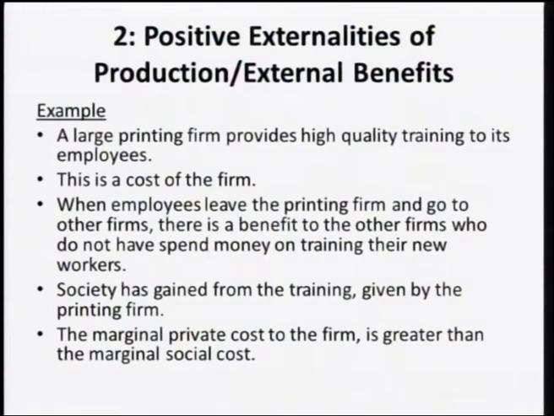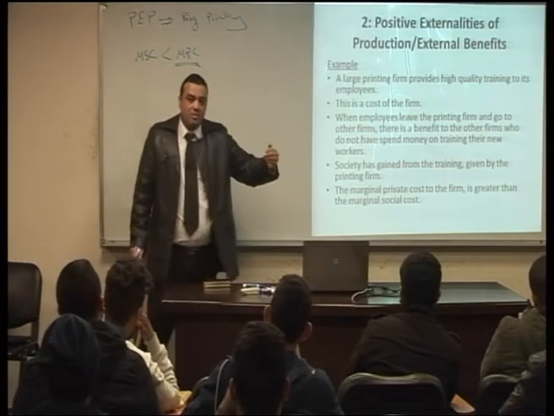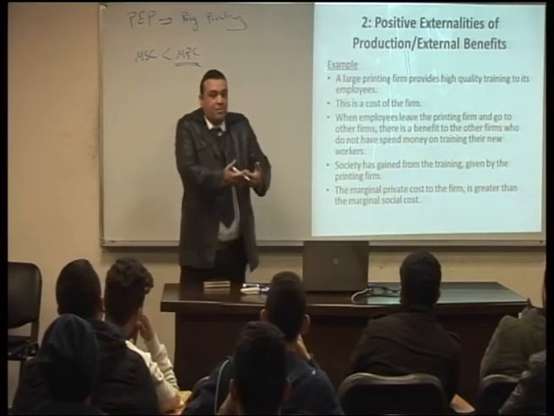They are already skilled here. So society has gained from the training given by the large printing firm. So the marginal private cost is bigger than the marginal social cost. Here we have a potential welfare gain.